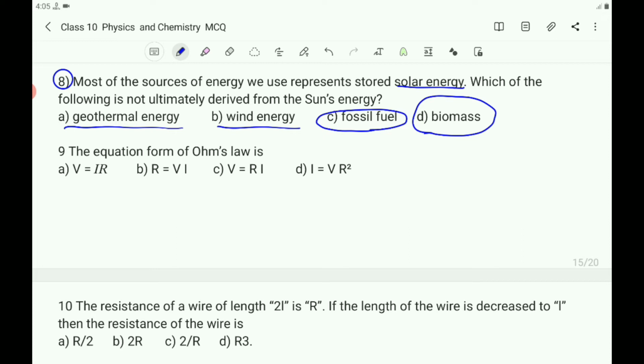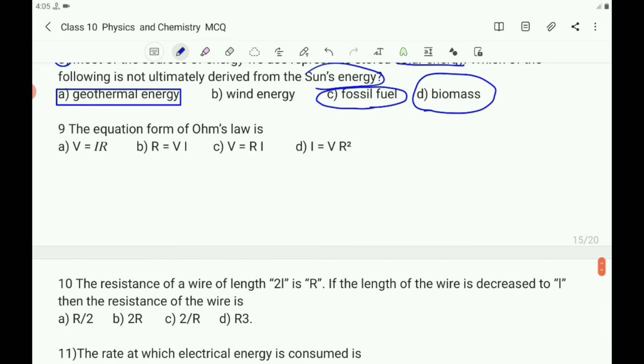Wind is caused by the uneven heating of the earth and air particles, so that is also due to the sun's energy. But the next one, geothermal energy. You know that geothermal energy is the energy obtained from the interior core of the earth. So it is not directly derived from the sun's energy.